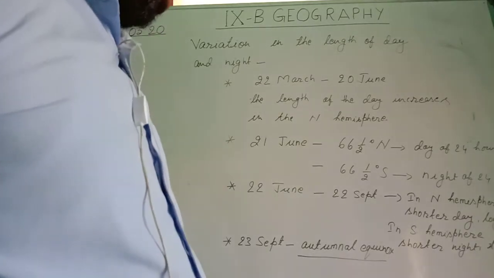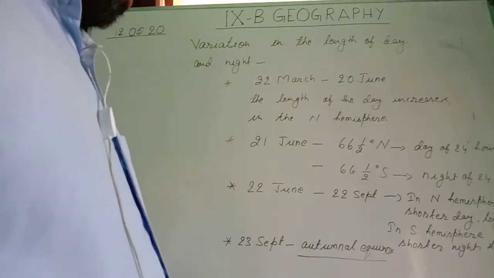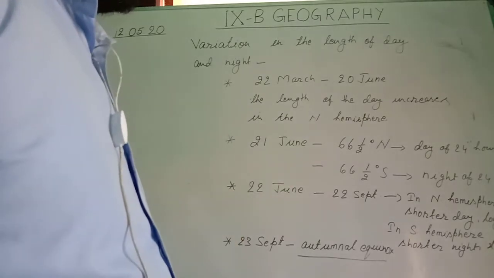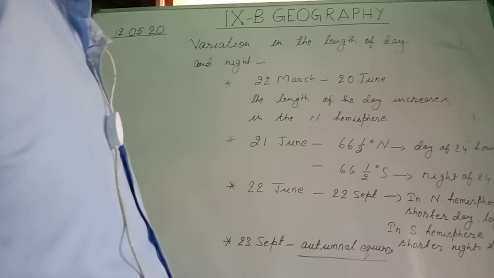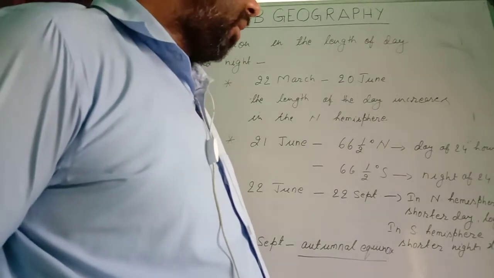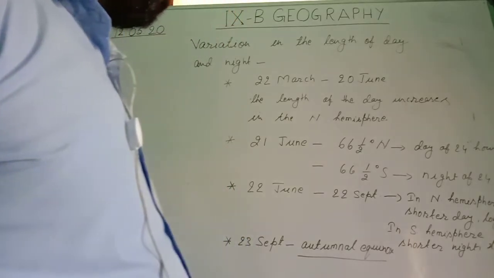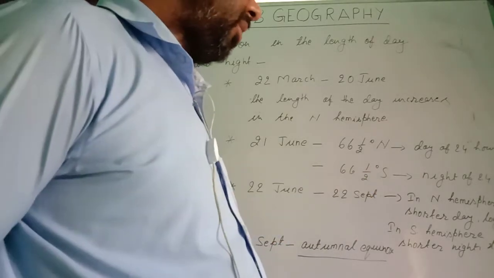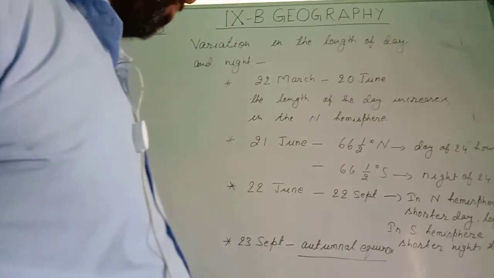So on 21st June, 66.5 degrees north will experience a 24-hour day, and on the same date 66.5 degrees south will experience a night of 24 hours.